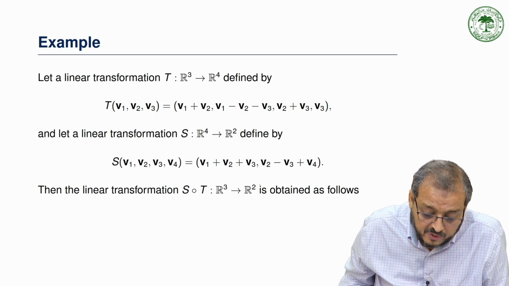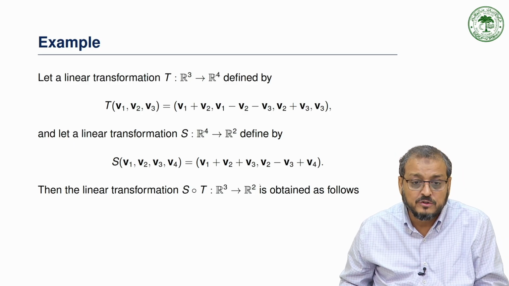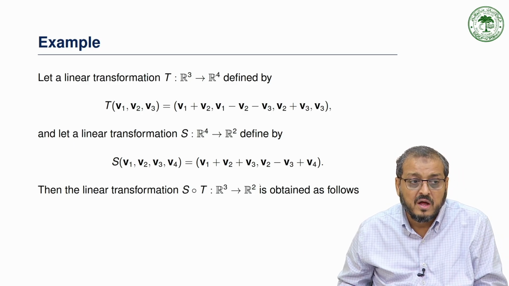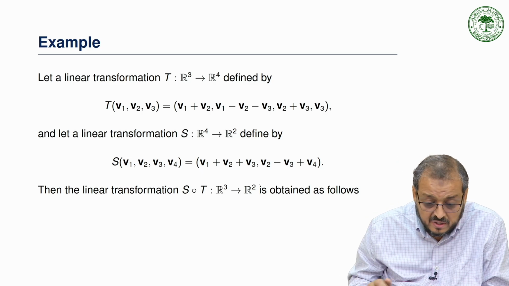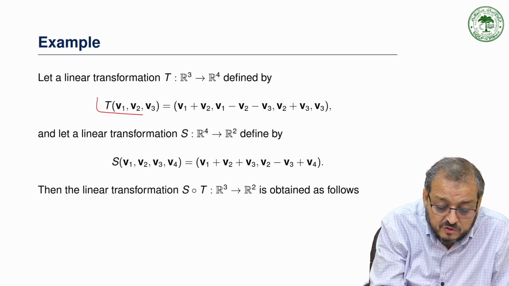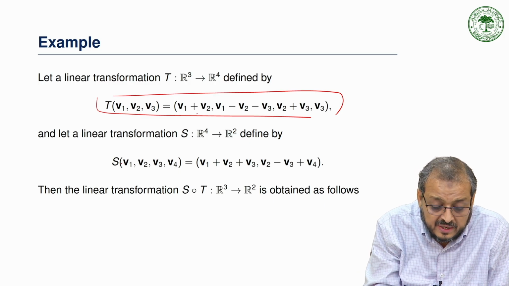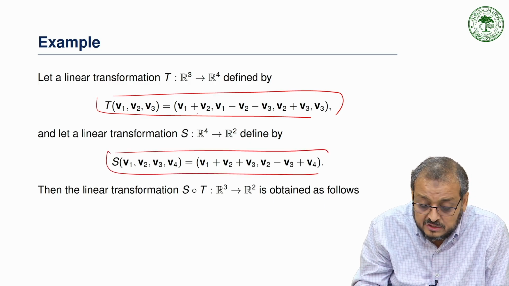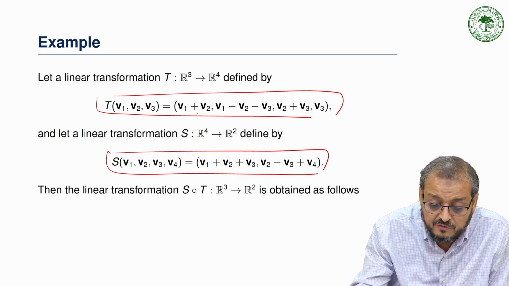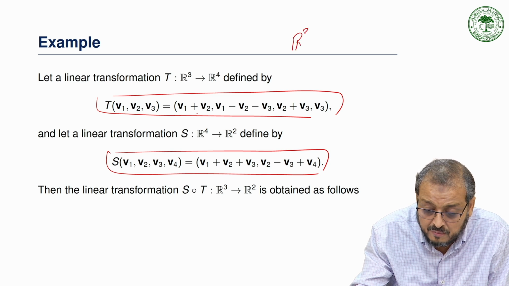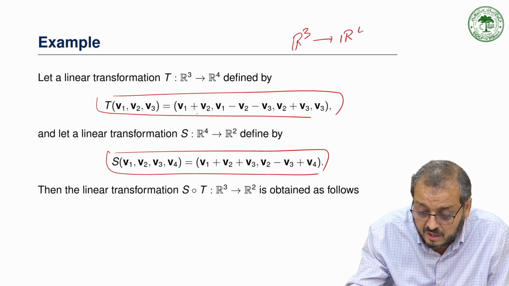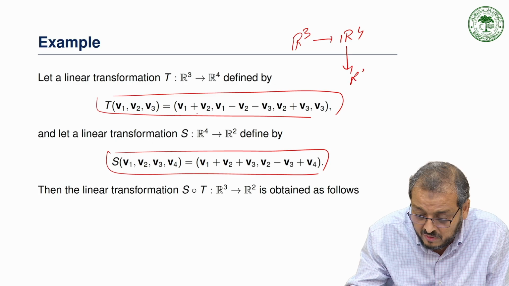Okay, so now we try to find the composition for some examples. Suppose T is defined in this form, with V1, V2 and so on, and then S is defined in this form. So T is defined from R3 to R4, and S is defined from R4 to R2.